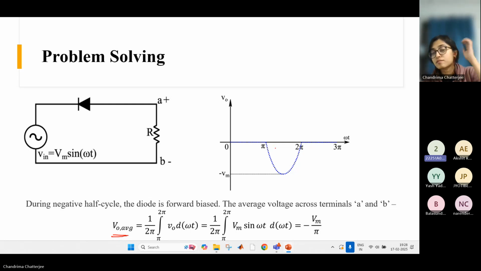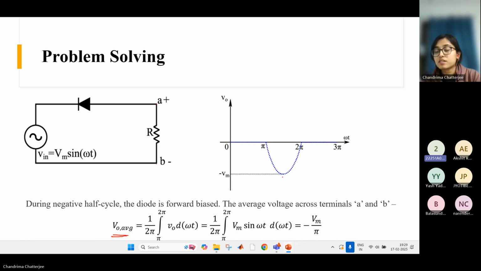Ma'am, we are considering the voltage only when the diode is forward biased. Yeah, forward, because only then the current will flow, right? And only then will we get some voltage across the resistor. Otherwise, if there is no current in the circuit, then there is no voltage drop across the resistance, right? So there is no voltage. That's why it is zero in the positive half cycle.